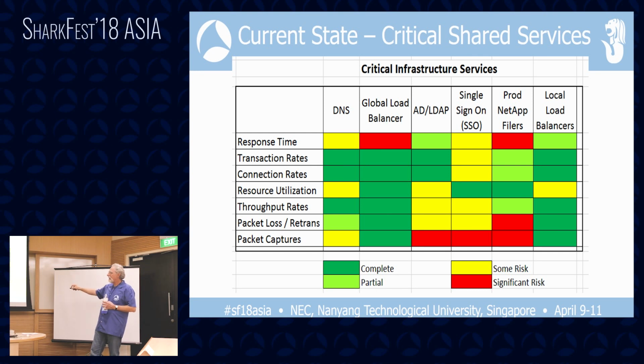How about throughput rates? Can I look at packet loss and retransmissions? Do I even know it's happening? And can I even get packet captures for these key facilities? So the rows really are customized to whatever makes the most sense for your mission.